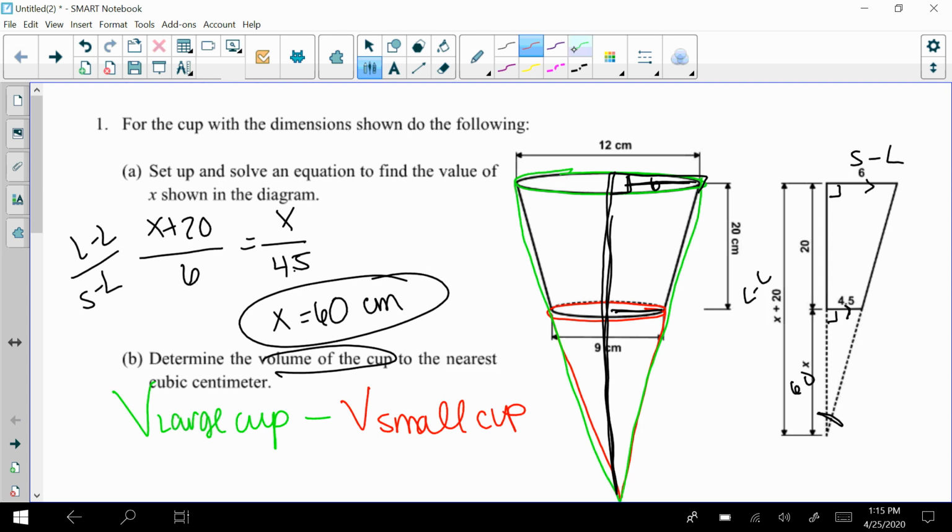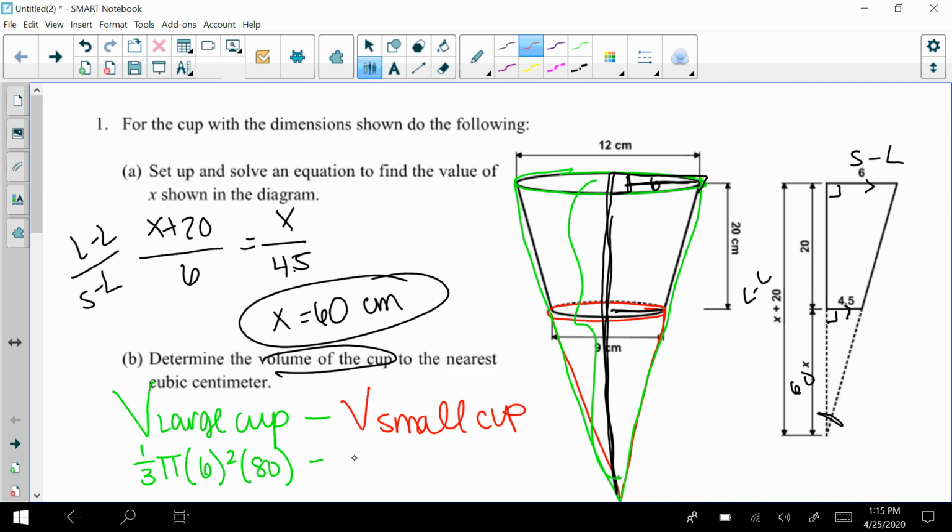So when you plug in formula-wise there, we know that the volume of a cone is 1/3 pi r squared h. The radius of the big cone is 6, so 6 squared. And what is the height of the big cone? The height of the big cone is this entire thing, right? So that's x plus 20, which would be 80.